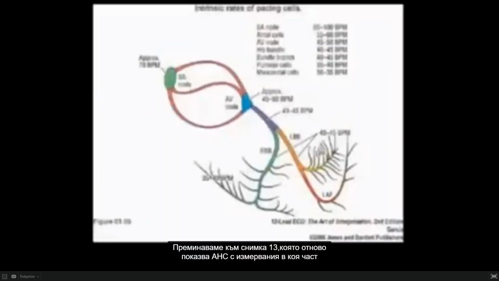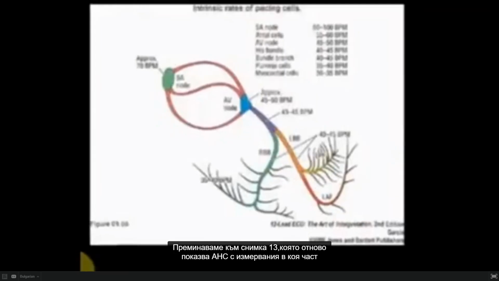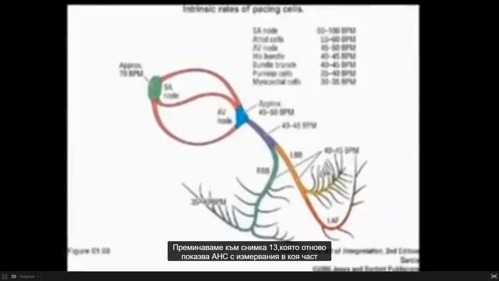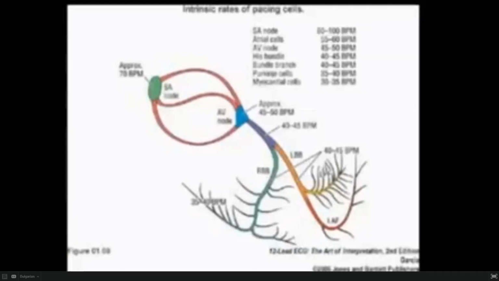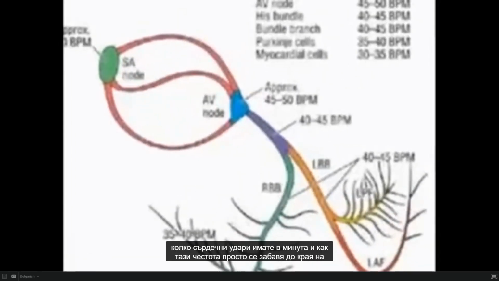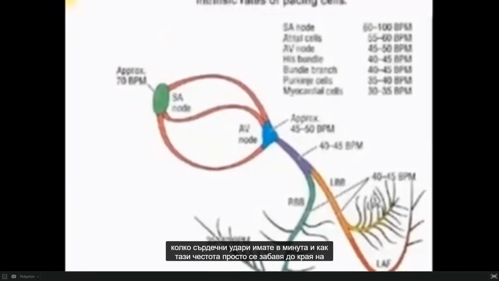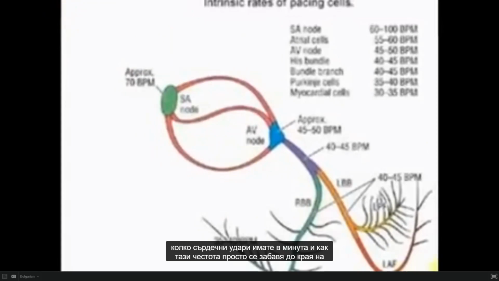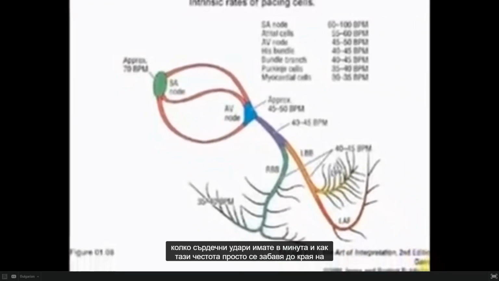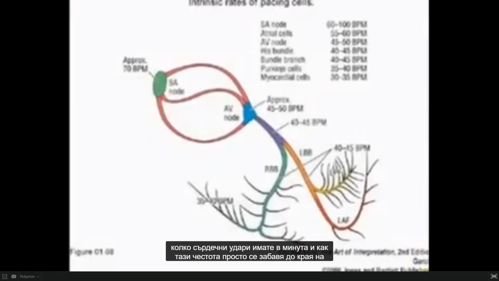Then we go to picture 13. It is again your autonomic nervous system with measurements in which part, how many heartbeats you have per minute, and how this frequency slows down toward the end of the net of Purkinje. So from the sinus node, you start from 70.